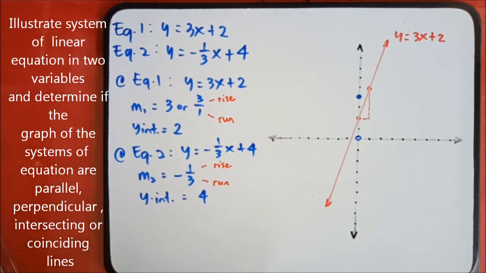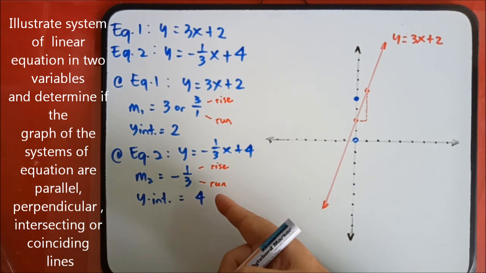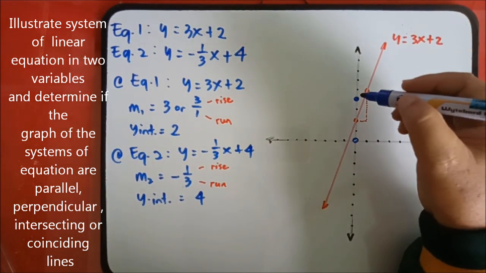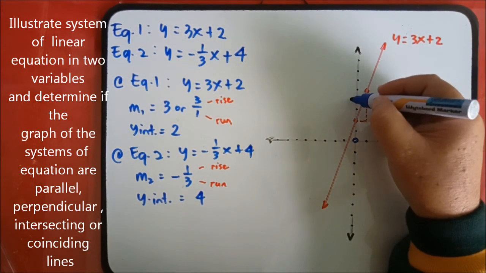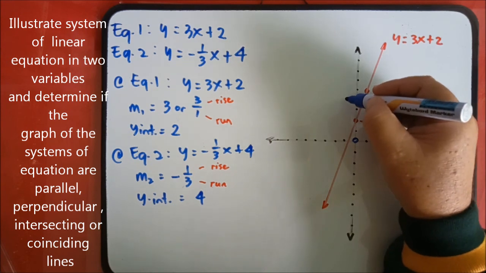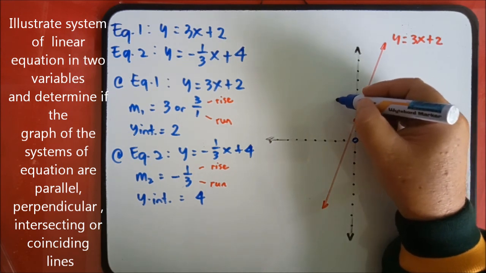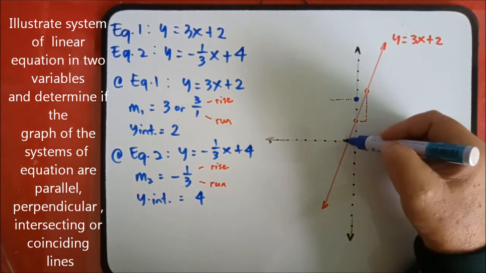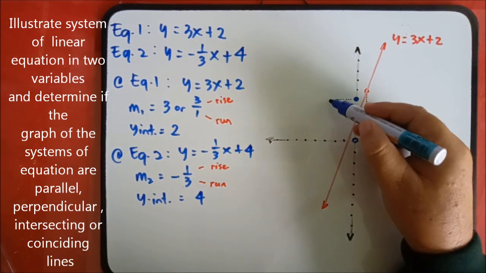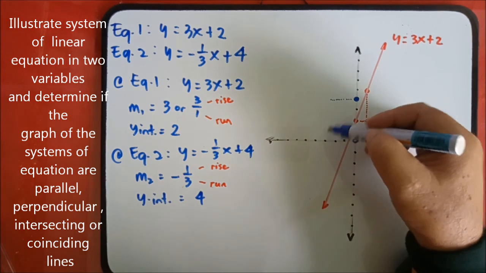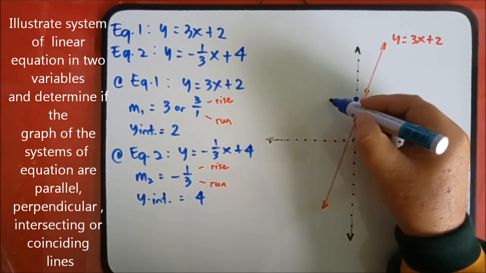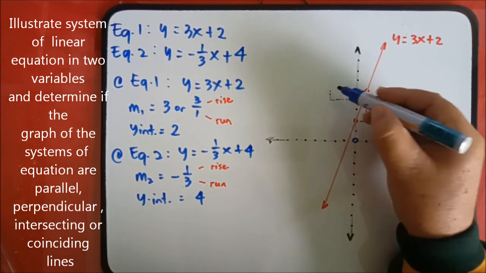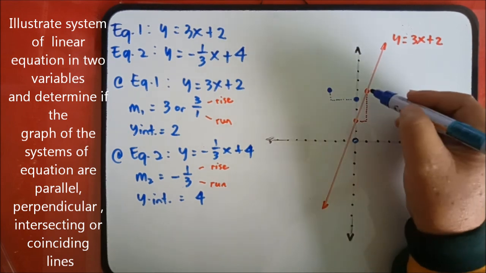Okay, since this is negative, pabalik. 1, 2, 3. Okay, 1, 2, 3. Then rise is 1. Pataas. Okay, andito na ngayon ang point.